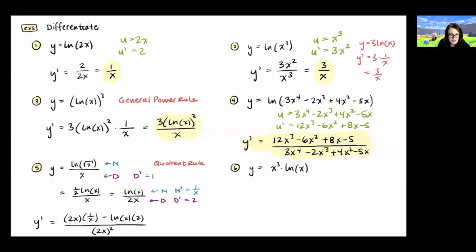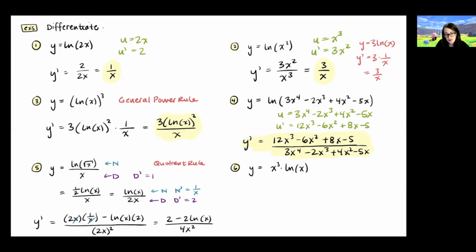Okay, now to simplify this, we've got 2x essentially divided by x, so we can cancel these x's, and that'll just leave us with 2. Then we've got minus 2 natural log of x. And when we square the 2x in the bottom, we have to square the 2 to get 4, and then also the x to get x squared.